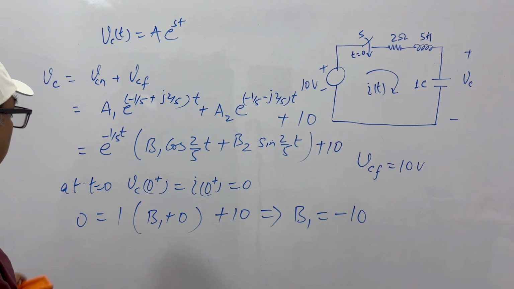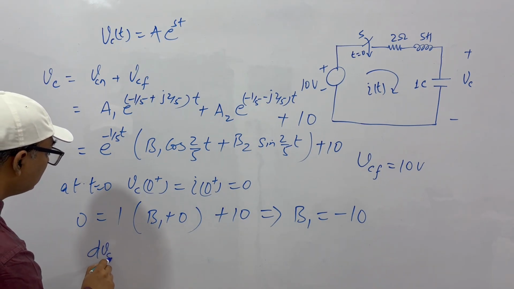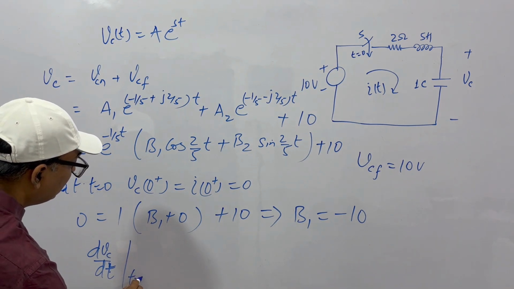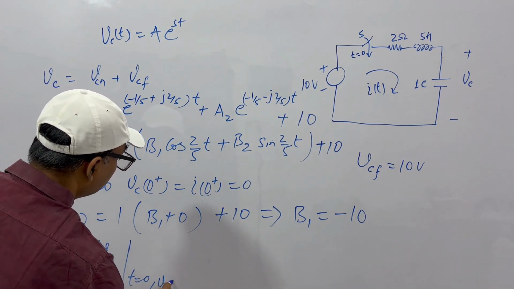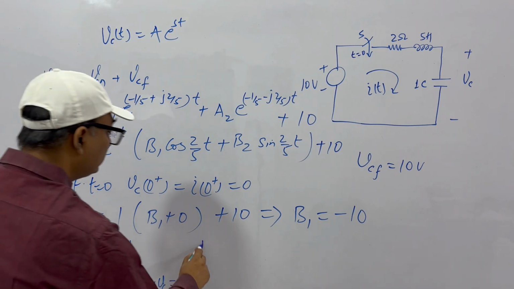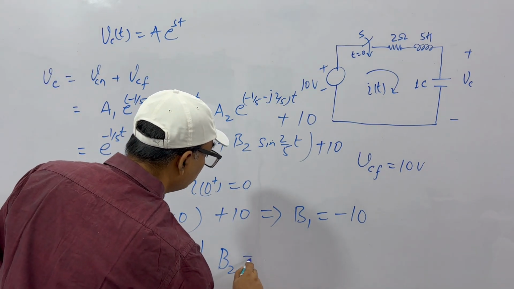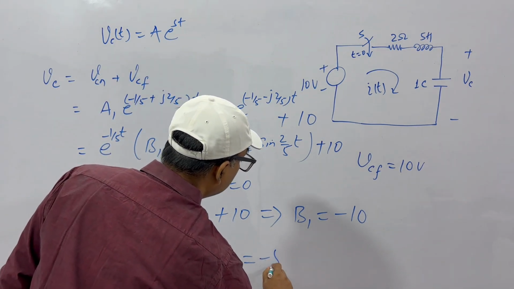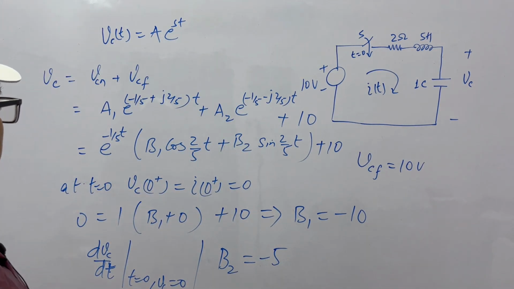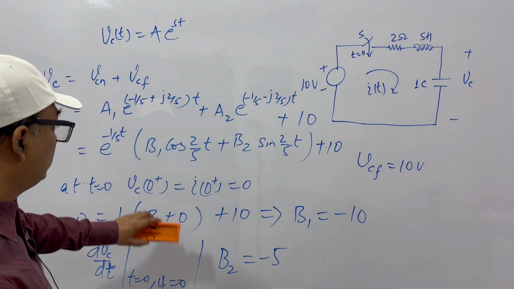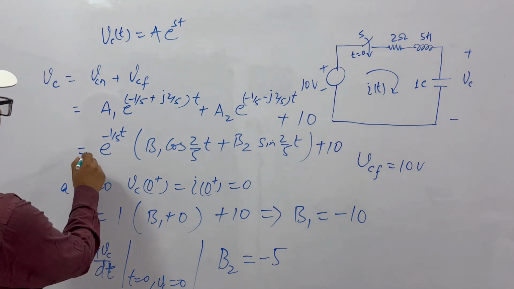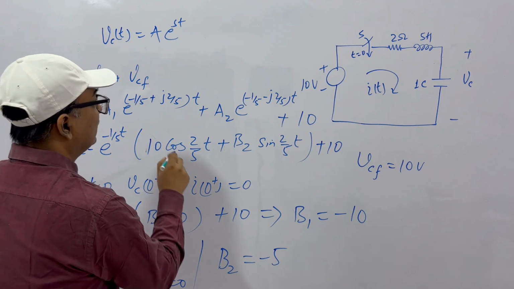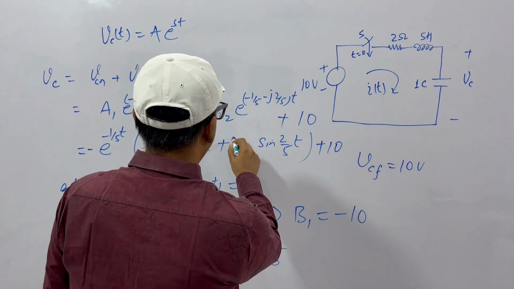Now we'll take dVc/dt and put t equal to 0, with Vc equal to 0 in that equation. When you do that, you will get the value of b2, because you have the value of b1, and b2 that you will get is minus 5. So finally b1 is minus 10 and b2 is minus 5.